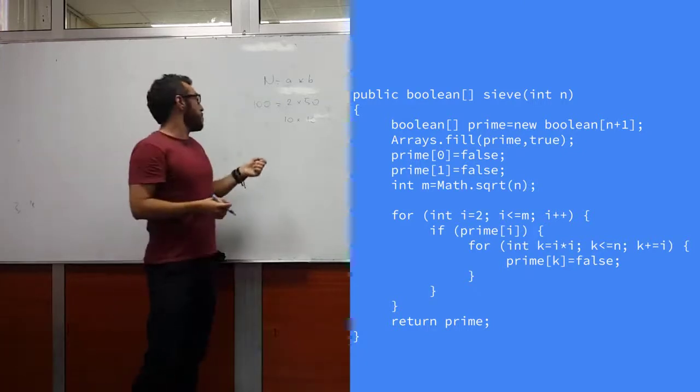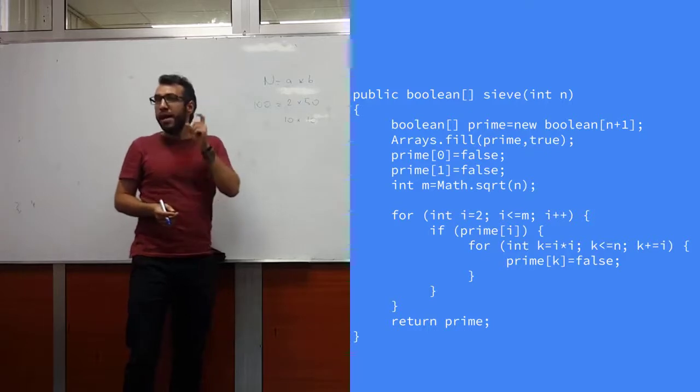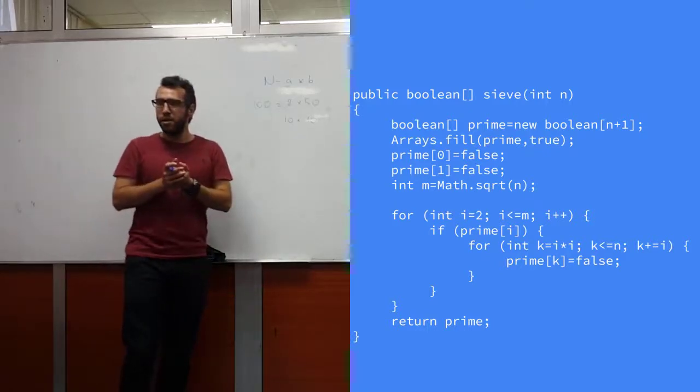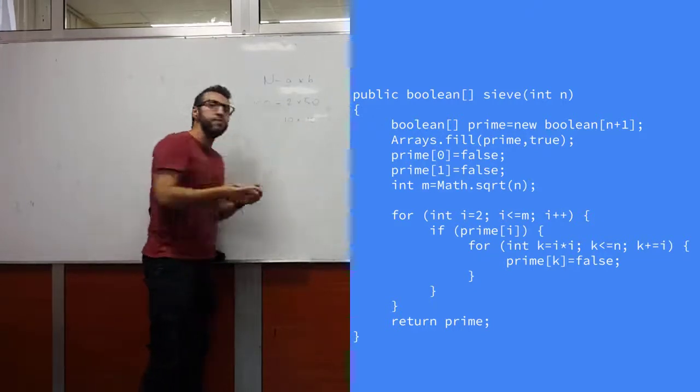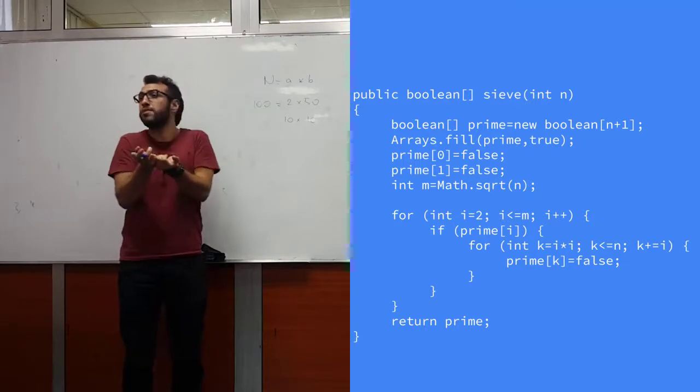Okay? So, now that we know our focus is the smaller multiplier, let's see what the maximum value of the smaller multiplier is. The maximum value we can get for the smaller one is when these two numbers are equal, right?